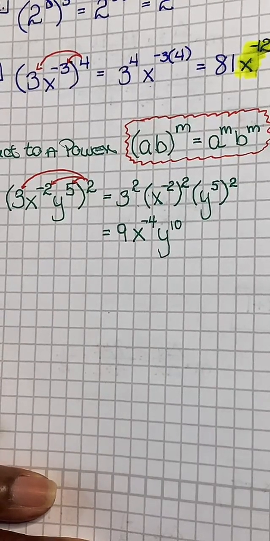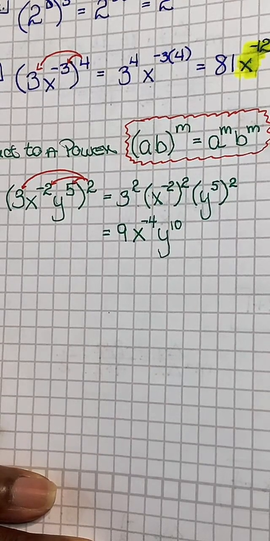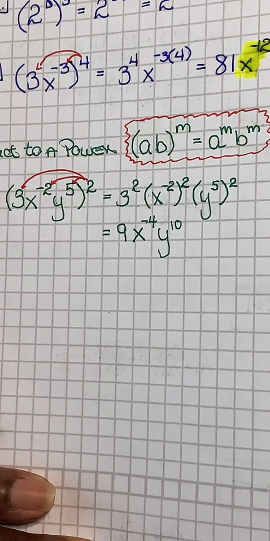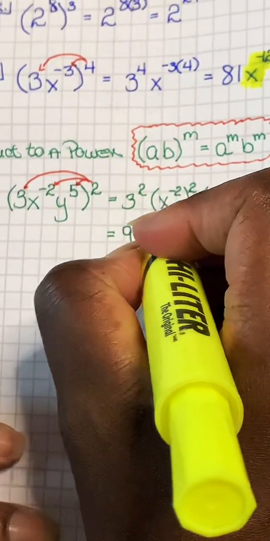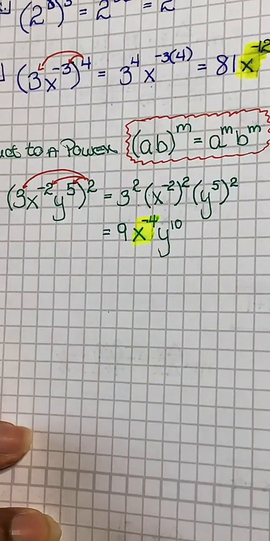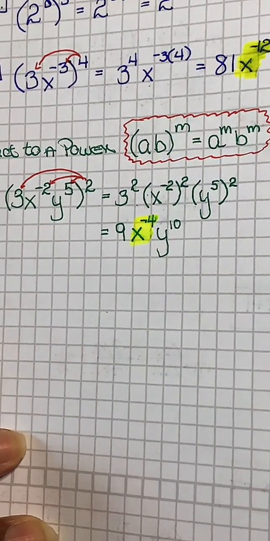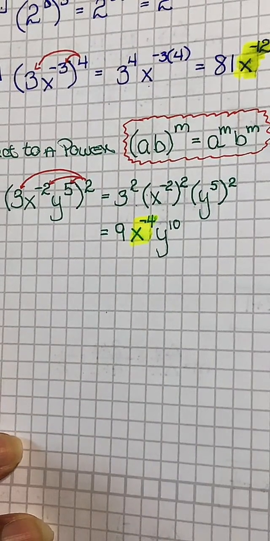Good. Just your x is the only thing that needs to drop in that denominator, because that's the only thing that's being raised to a negative exponent.